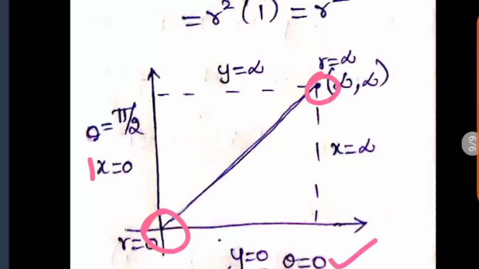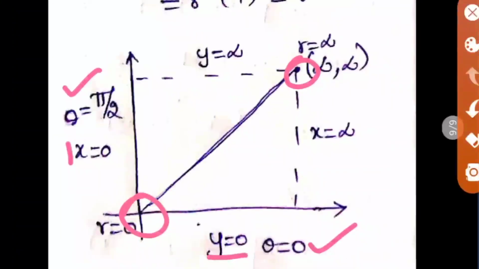So in the x direction, theta is equal to 0. Then go for the y direction, where x is equal to 0 is the equation. For x, we have r into cos theta. When this cos theta becomes 0, that is cos 90 degrees, it is 0. So when theta becomes pi by 2, x will become 0. So the limit for theta will be 0 to pi by 2.